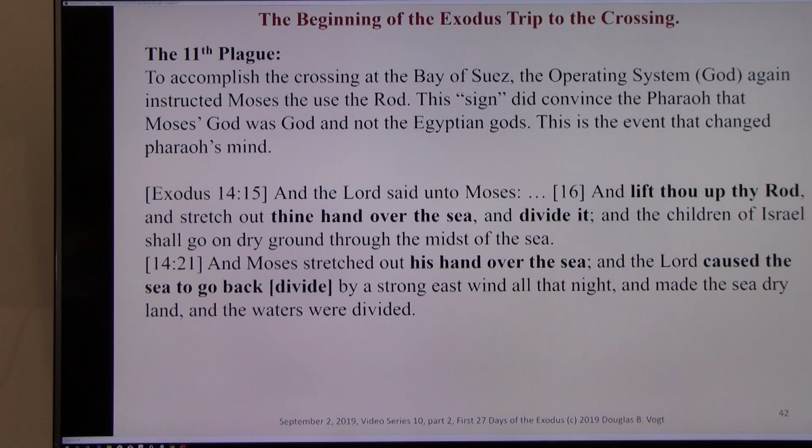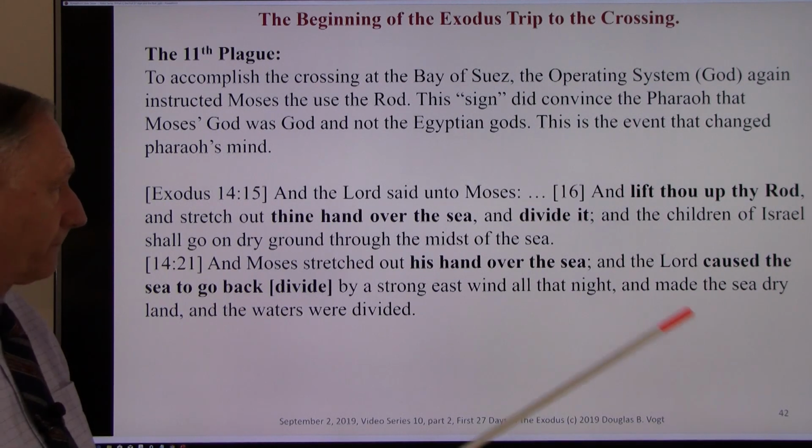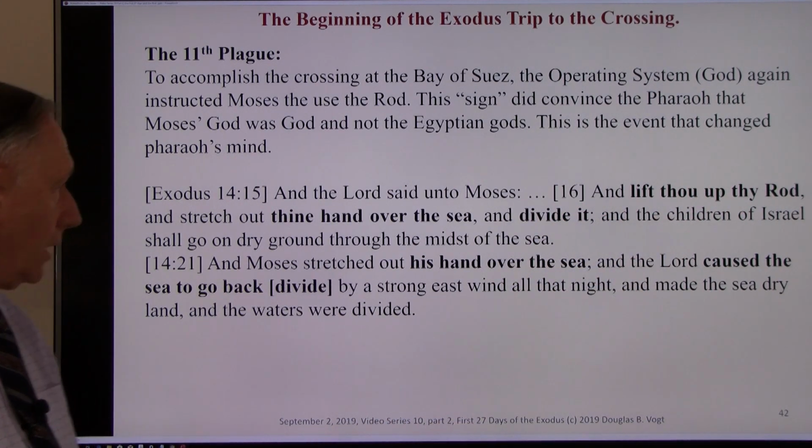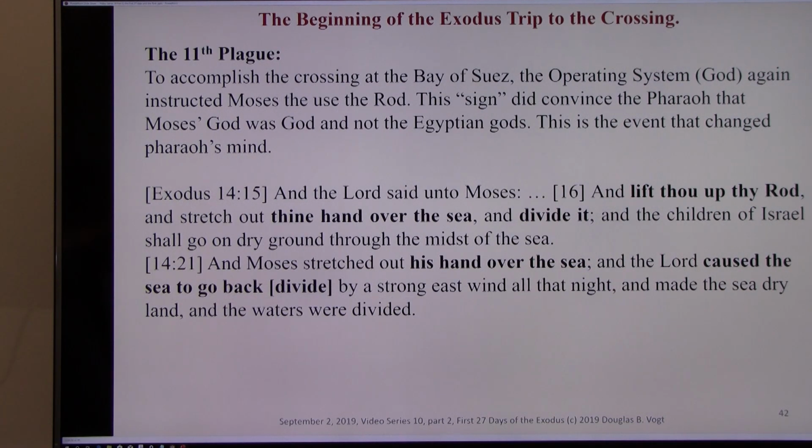Exodus 14:15, and the Lord said to Moses, look at the command structure. Lift thou up thy rod and stretch out thine hand over the sea and divide it, that the children of Israel shall go on dry ground through the midst of the sea.